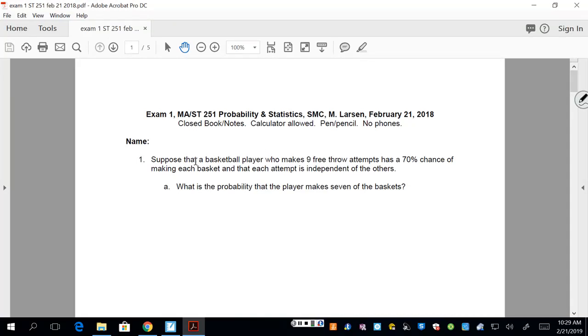This one started out with a basketball player who makes 9 free throw attempts, has a 70% chance of making a basket, and they're independent. What's the probability they make 7 baskets? So one challenge you have on the exam is figuring out what type of problem it is, because there are all these distributions and other things that we've done. What does this one look like? It's set up like one of the random variables we've done.